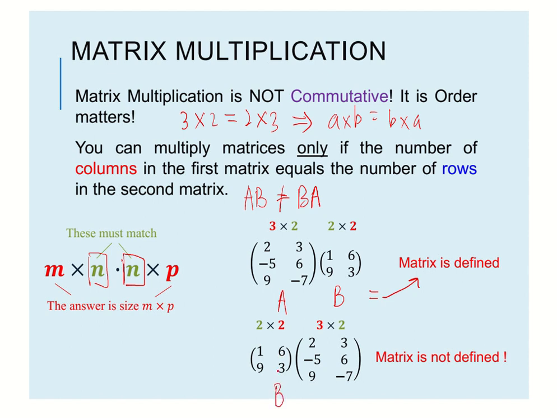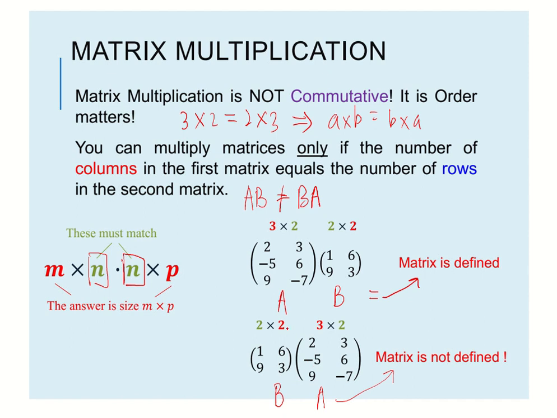For the second example here, the first matrix is B, the second matrix is A. And you can see that this B multiply A is not defined. We can't multiply.